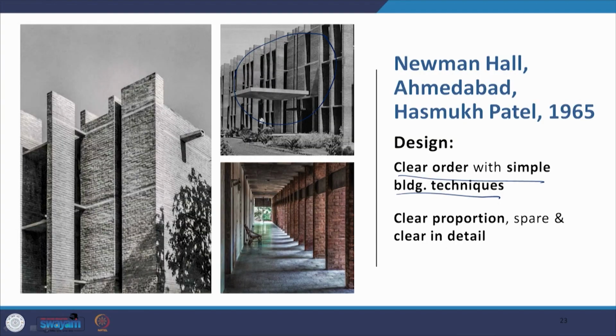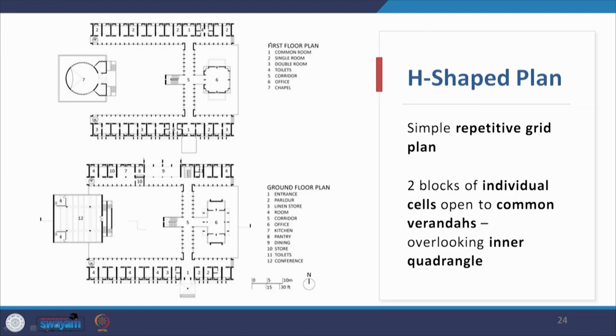This building is typically modernist in the way it has been put together, but as you can see, the entire building has been done in a manner that it responds to the hot climate of Ahmedabad. So, when we come to the building, it is an H-shaped plan.